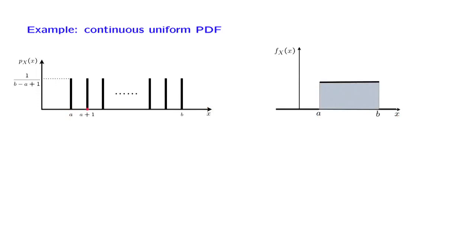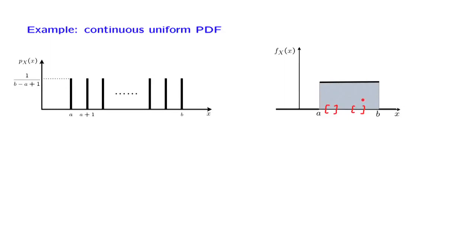In the discrete case, these values were equally likely. In the continuous case, at all points we have the same height for the probability density function, and as a consequence, if we take two intervals that have the same length, then these two intervals will be assigned the same probability.